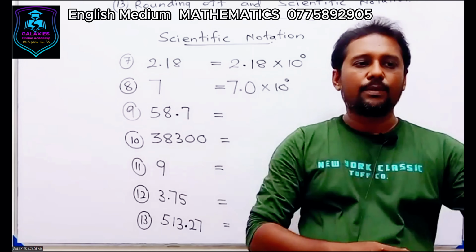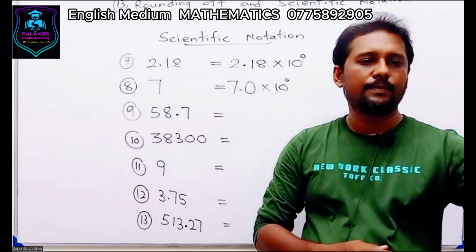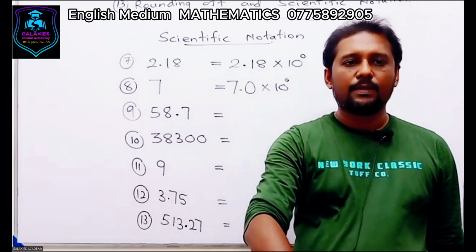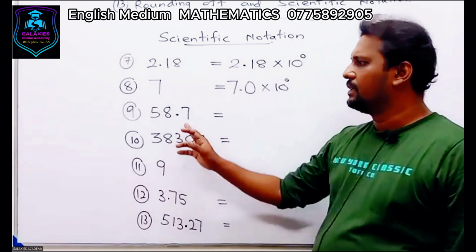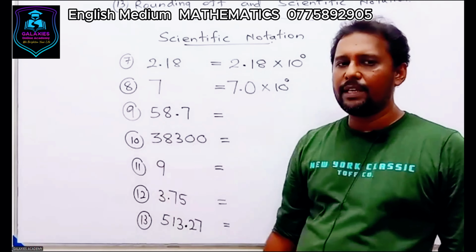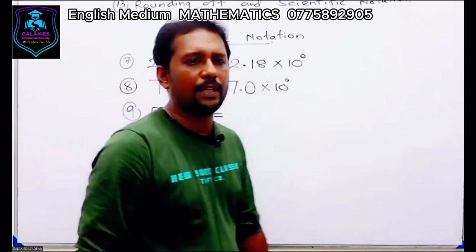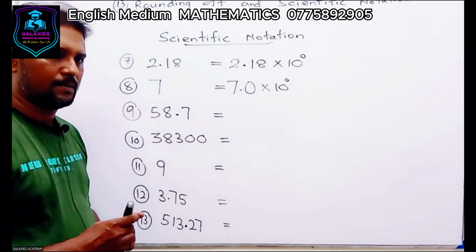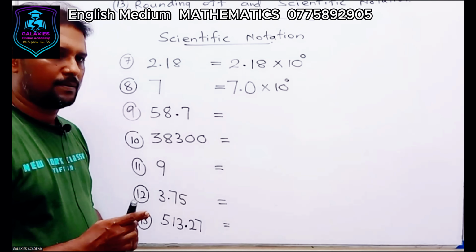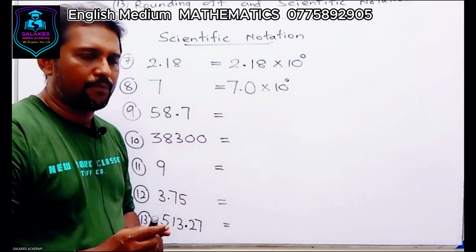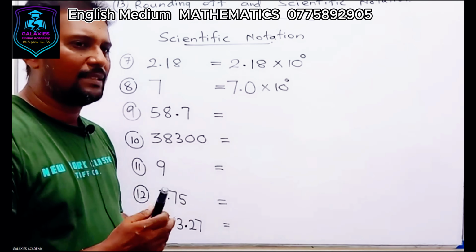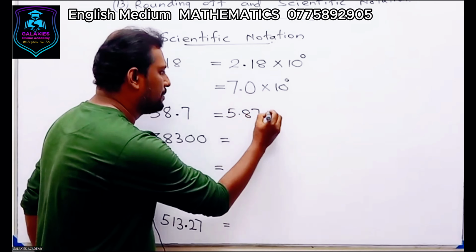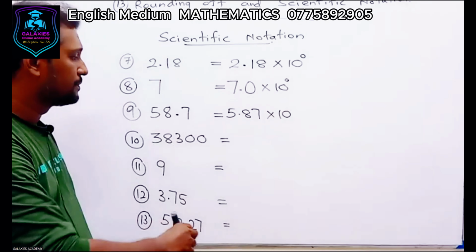Right. Have you finished noting down the answers or are you still writing? Right. Fatma, can you tell me the answer of the ninth one? 58.7. How can we write the scientific notation? 5.87 multiply 10 to the power 1.